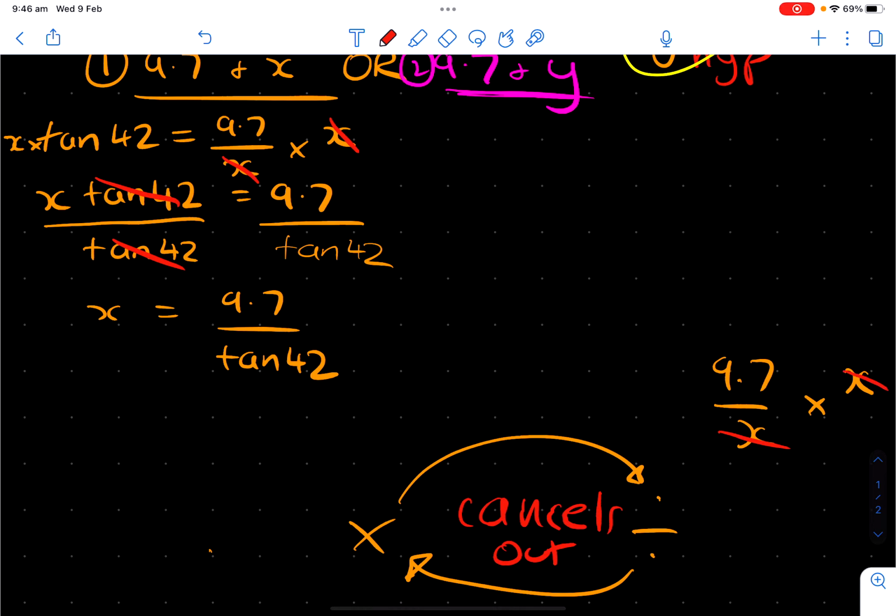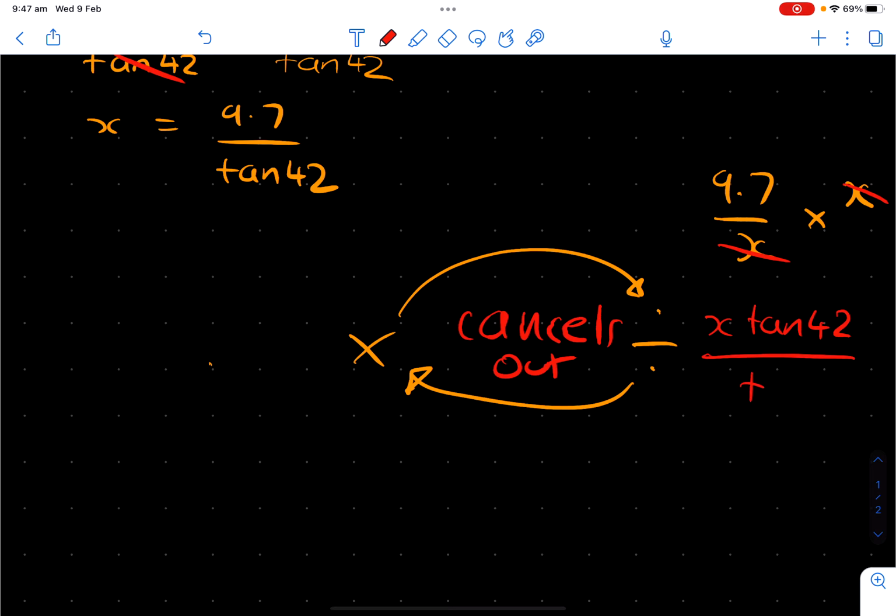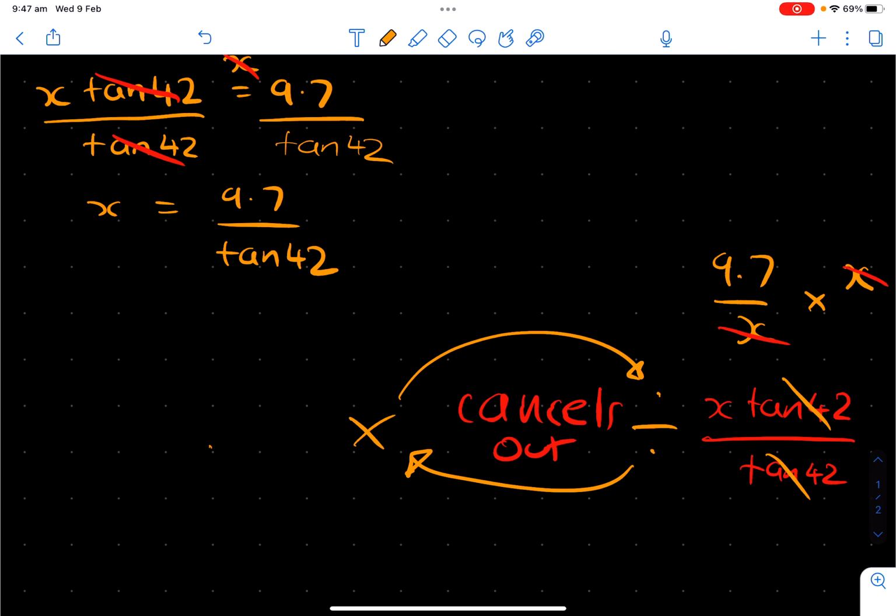The other example is this one. x tan 42. If we divide it by tan 42, that allows us to cross this out, because by dividing, we cancel out this multiplication.